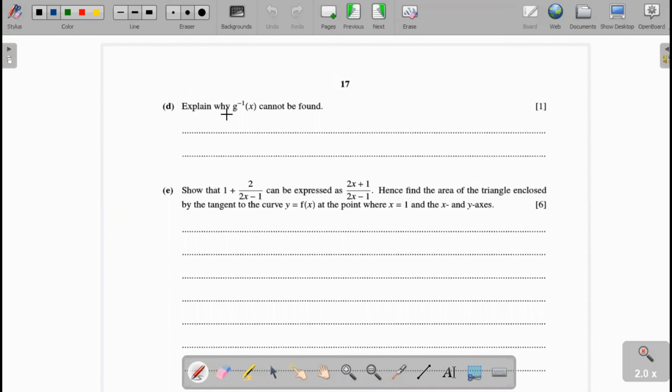In part D, explain why g inverse of x cannot be found. We know that g of x is x squared plus 4. This is a quadratic function. In the quadratic function, the graph shape is just like this. We see that this is the graph of x squared plus 4.